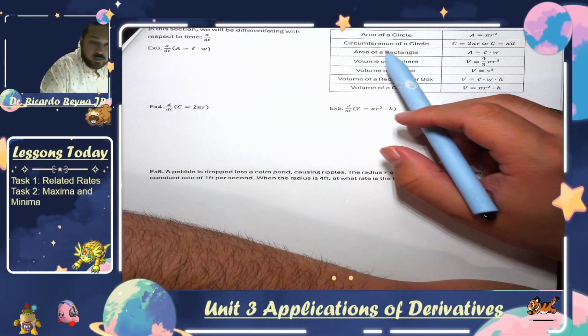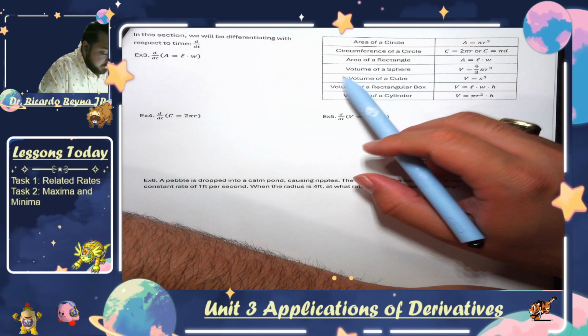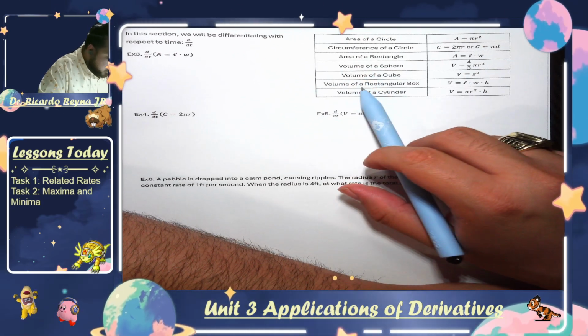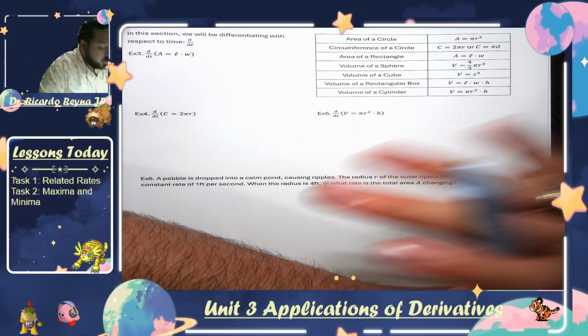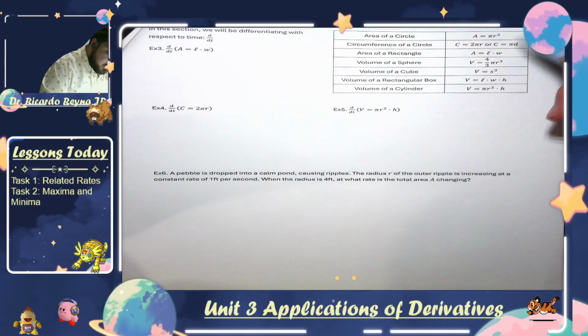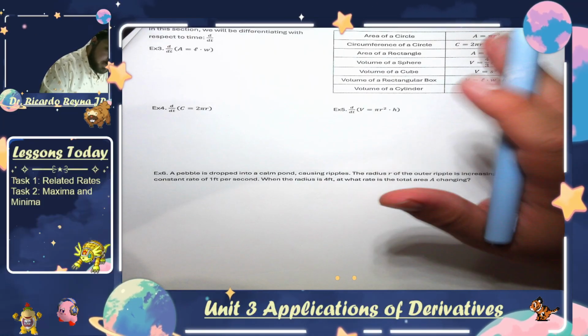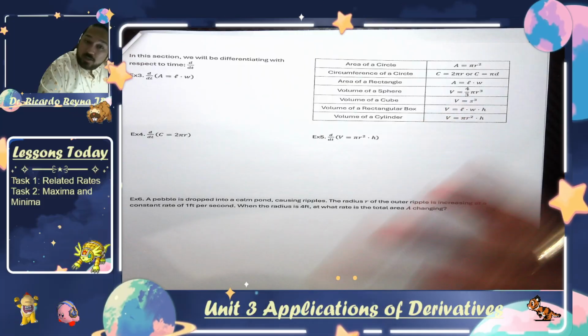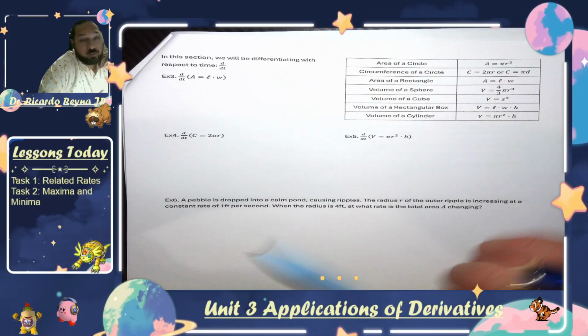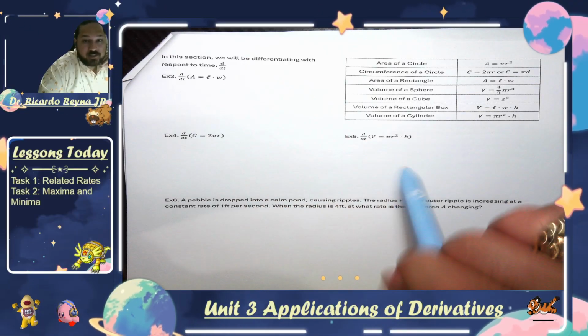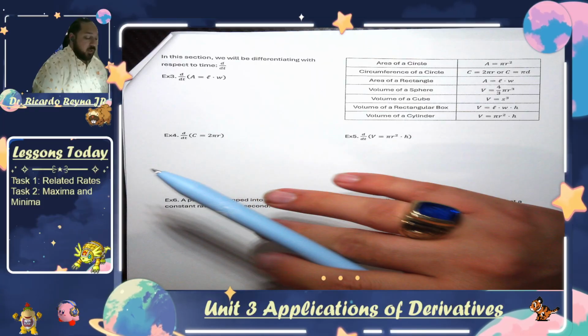The area of a circle, circumference of a circle, area of a rectangle, volume of a sphere, volume of a cube, volume of a rectangular box, volume of a cylinder. And we're going to assume that all of these non-constant variables have some kind of shift with respect to time. However, before we do that, let's just practice the math behind doing it.